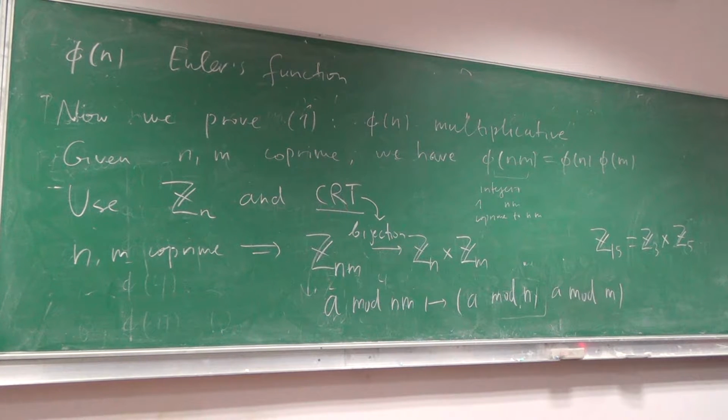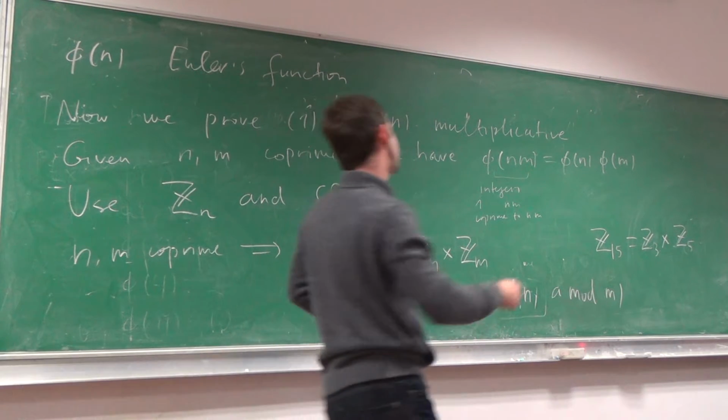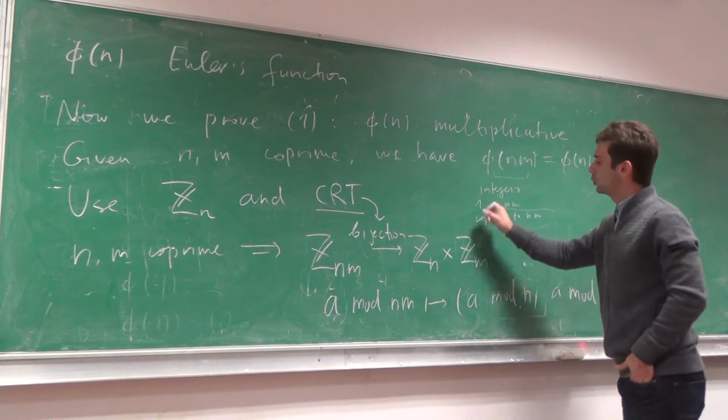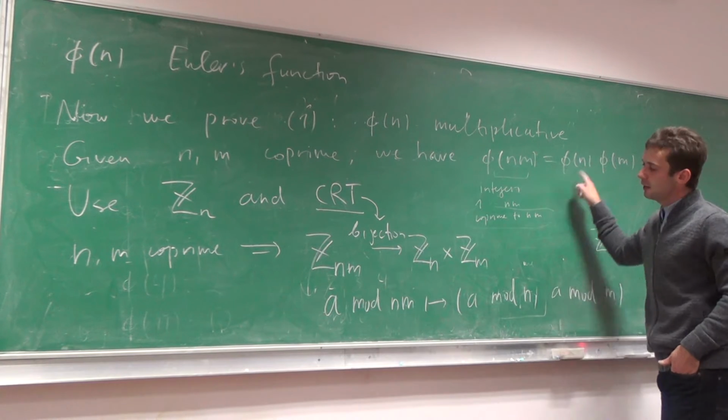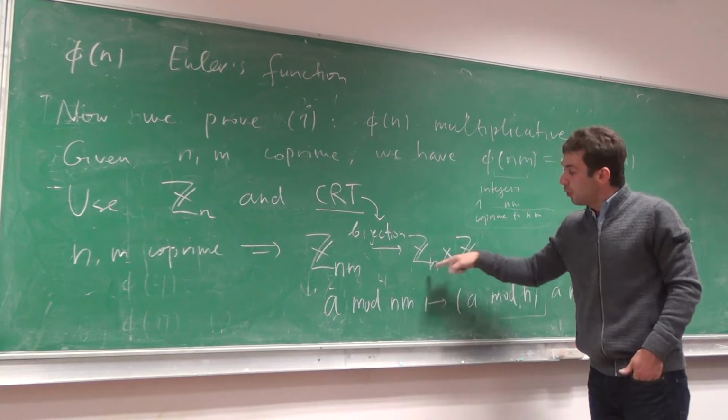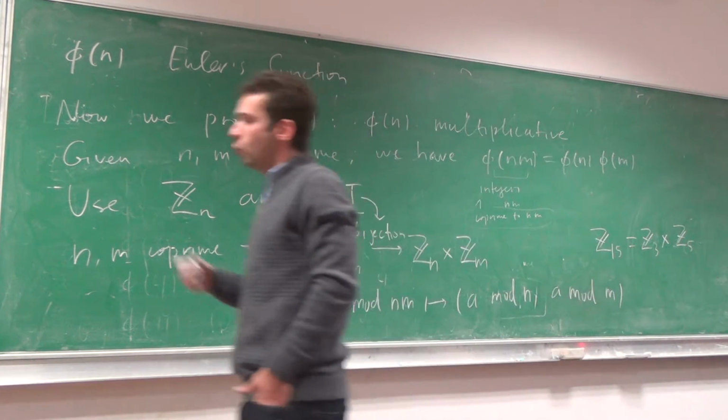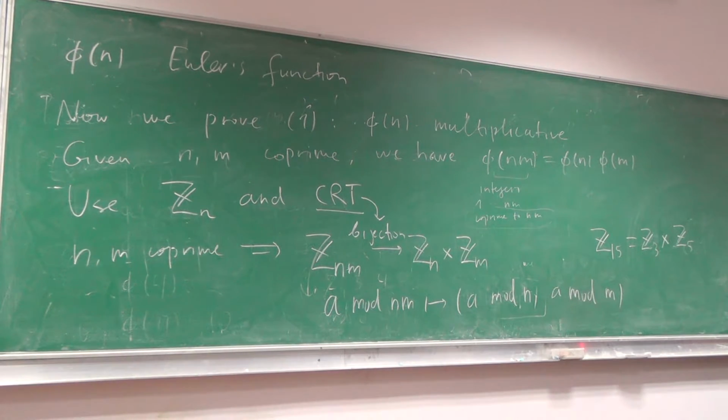So to do this, I also need to make sense about this coprimeness condition. So I need to relate being coprime to n to a property of an element in here. And we already know how this is done.